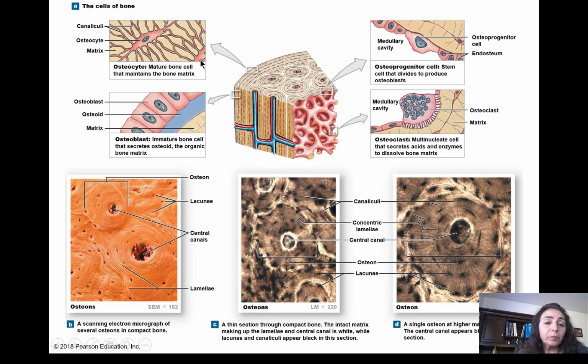Then they make the osteoblasts. They differentiate into the osteoblasts here, and those osteoblasts start making osteoid, and this osteoid is going to make the matrix of the bone here.